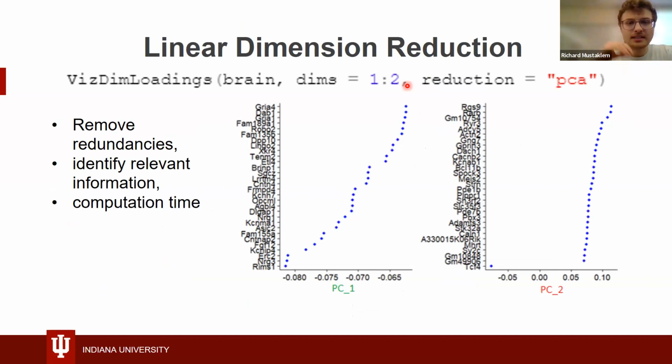So again, this is linear dimension reduction, and all that DIMS means is I just wanted to plot the first dimension and the second dimension. So this stands for principal component 1, principal component 2. And how a principal component works is, principal component 1 will be very important with the data set.